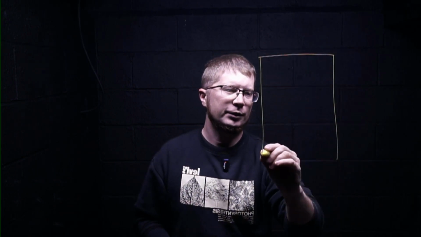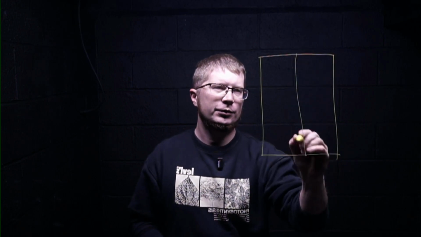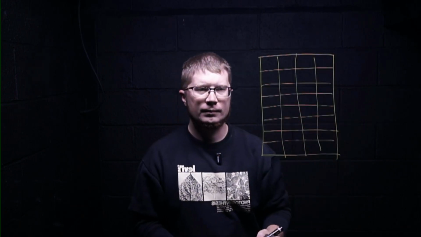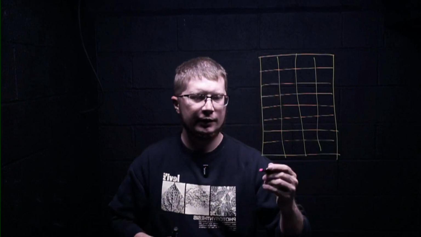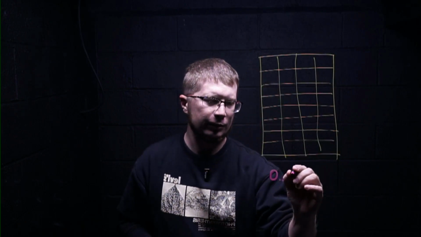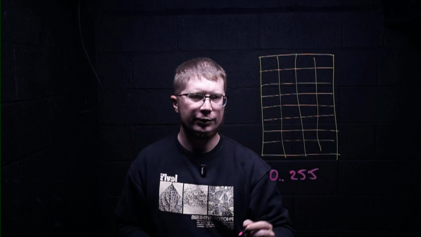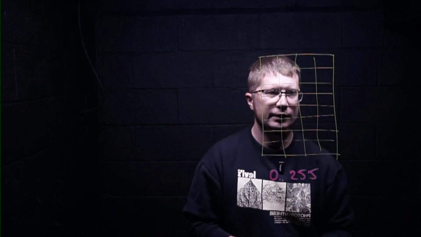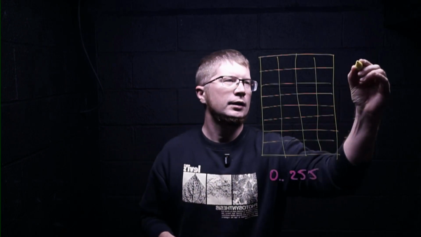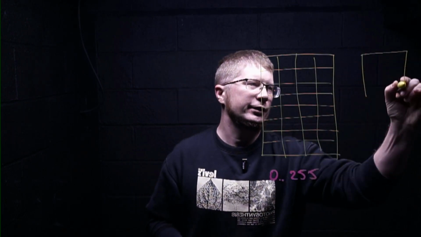For image processing, instead of an input function, we have an input image, which is just a matrix. The values inside this matrix are from 0 to 255. 0 is black, 255 is white, and we have a small convolution kernel matrix.